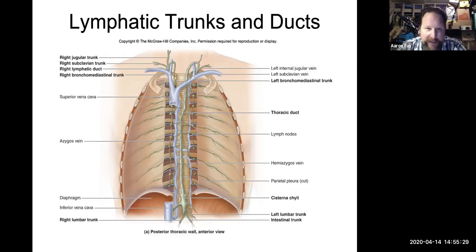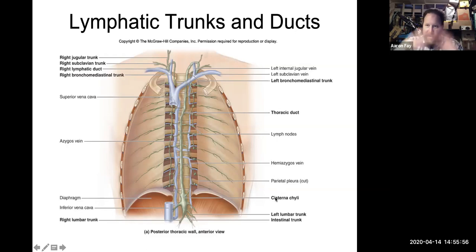So it is a little bit different. How does that work? Well, let's take a look. The right lumbar trunk and the left lumbar trunk are going to drain into the structure called the cisterna chyli. So the two lower legs are draining first into the cisterna chyli, which will also be draining the intestines, thus the intestinal trunk.